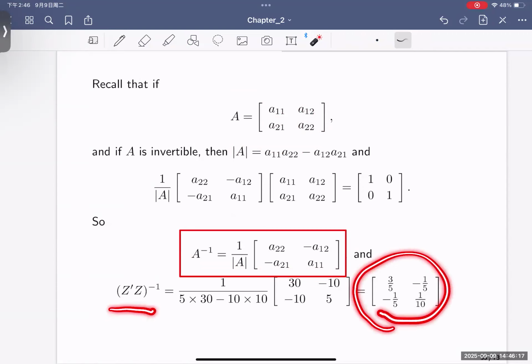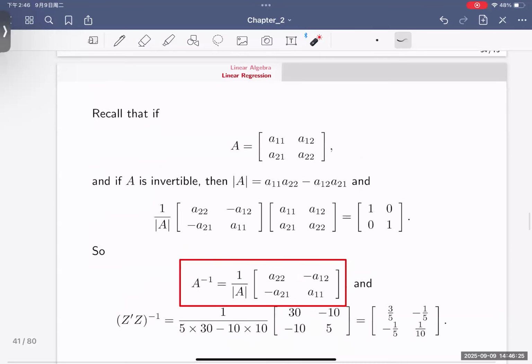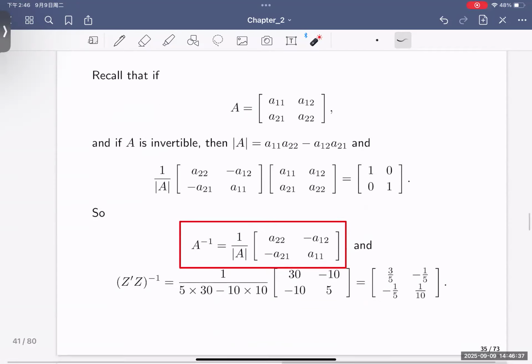So it's here. This just shows the calculation procedure. Z transpose Z is from here, and the inverse comes from this formula. It's just for a 2 by 2 matrix; for multiple variables it will be much more complicated. But if you have a calculator, you can easily get the answer.